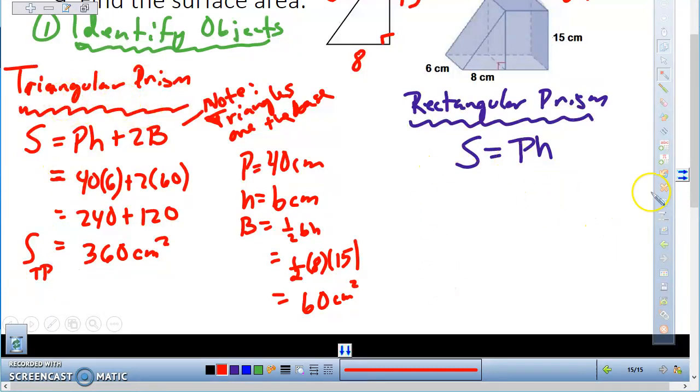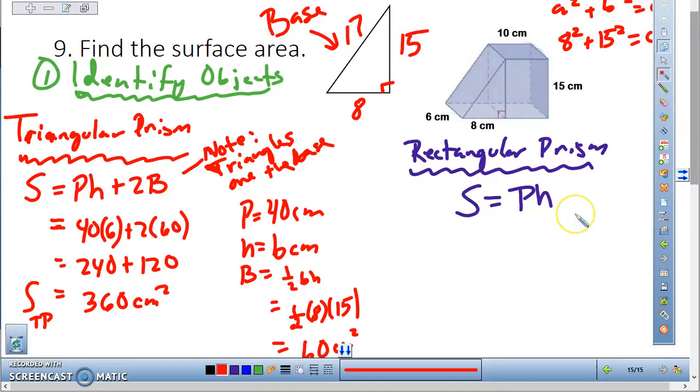Okay, now I turn my attention to the rectangular prism, and I need to calculate the perimeter of this object. So this is kind of a weird situation where this is hollow and this side is hollow, right? We took this side and we moved it over.